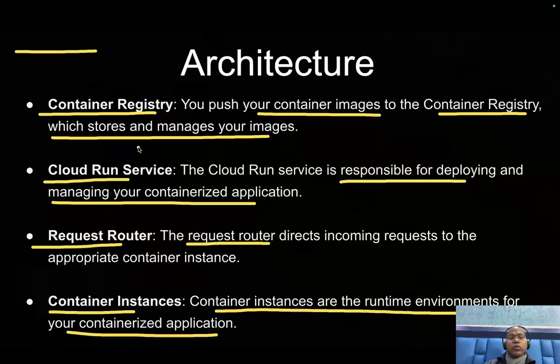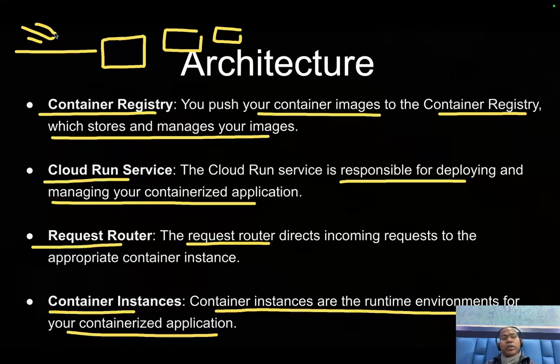So whenever you are going to run a deployed application, you require a runtime environment. The runtime environment here is known as container instances. There can be multiple container instances for your application. When any request comes, your request router component decides, hey, your request goes to this specific container instance.